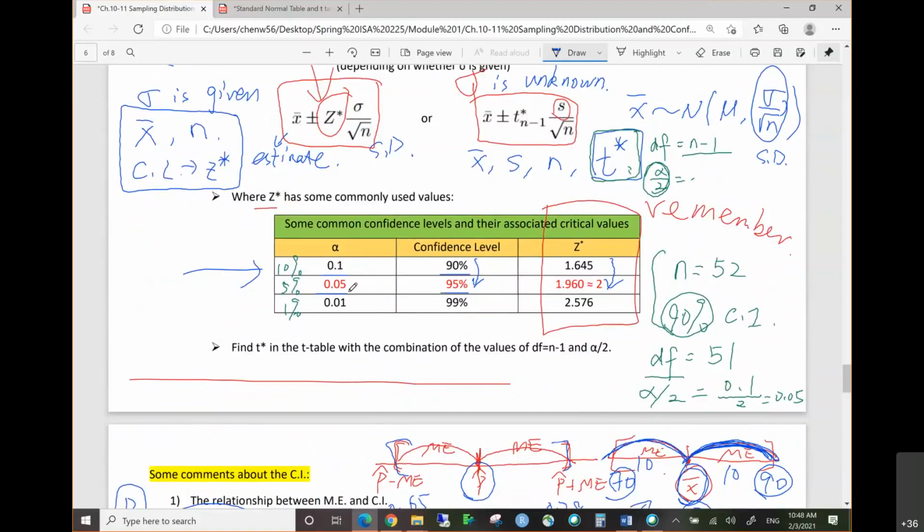So if your alpha increases, for example from 5% to 10%, that means your Z star will be decreasing.